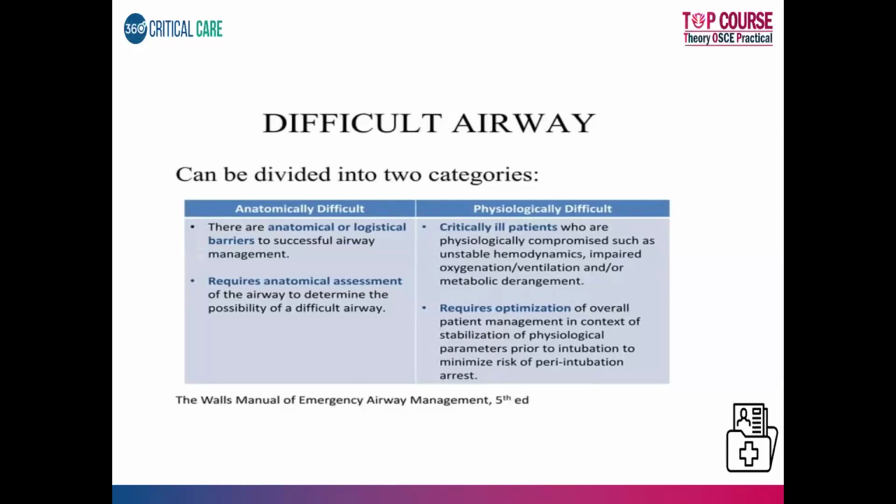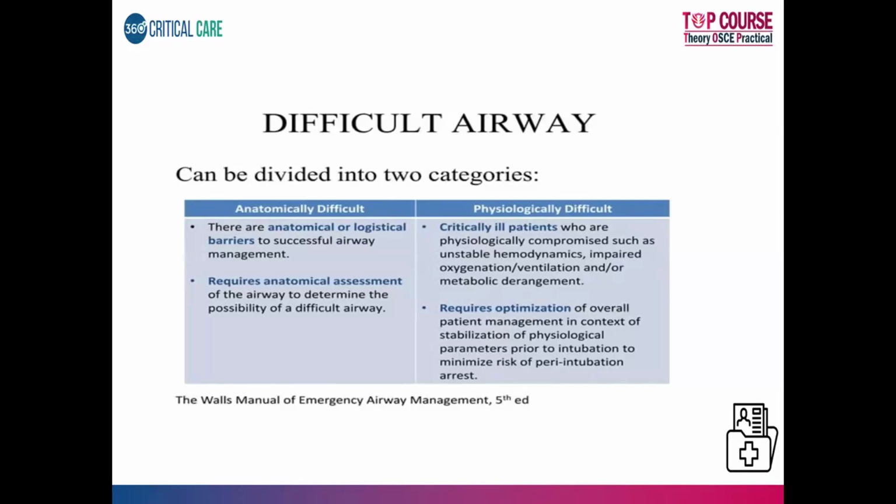This is most commonly seen in our critically ill patients. These critically ill patients have compromised hemodynamics. They have impaired oxygenation or ventilation parameters, and there is a lot of metabolic derangement in critically ill patients. Such difficulties are known as physiologically difficult airway.